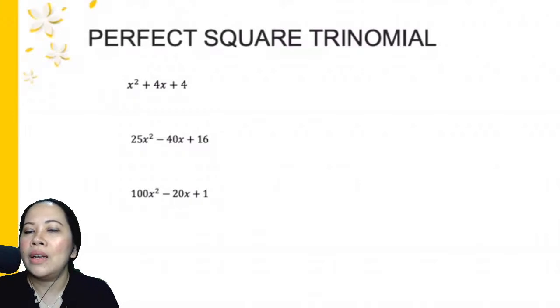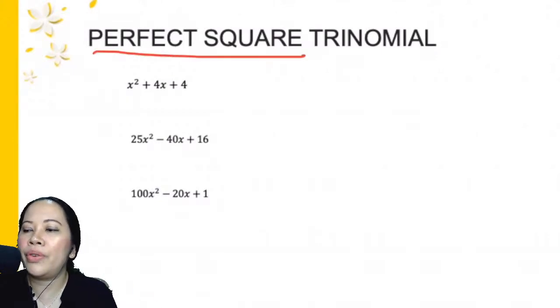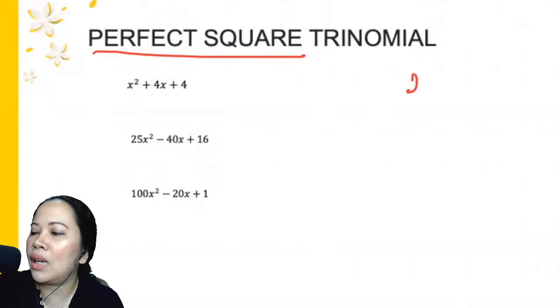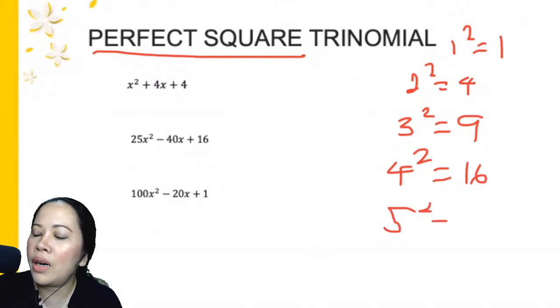So based on the name, perfect square trinomial, perfect square. So what are the perfect squares? The perfect squares are 1, 4, 16, 25, 36, so on and so forth. So perfect squares like 2 square is 4, 1 square is 1, 3 square is 9, 4 square is 16, 5 square is 25.